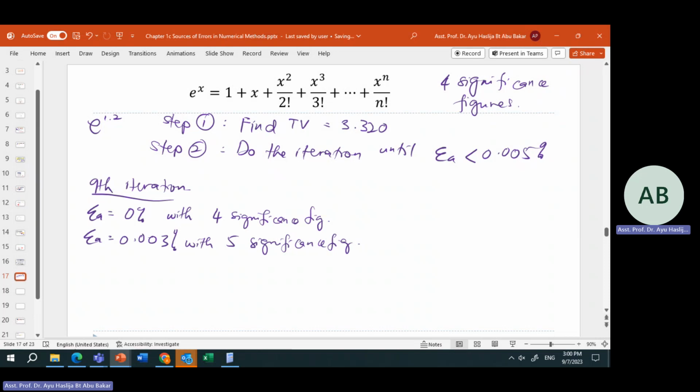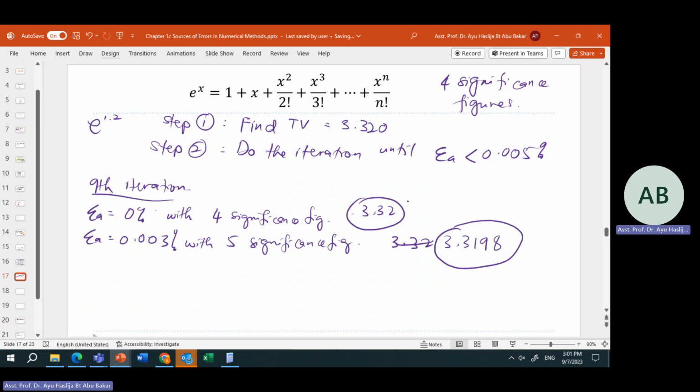The value should be, Alif, what value do you get? 3.32. Sorry, 3.32. Sabah? 3.198. Okay, so notice that your value is approaching the true value.